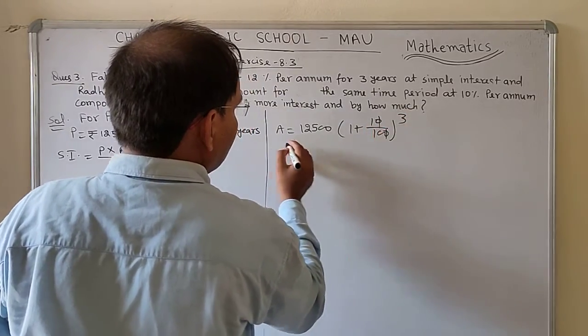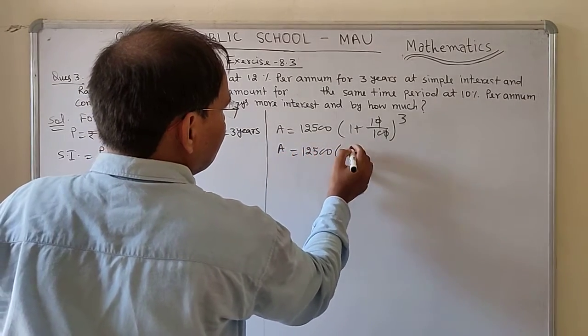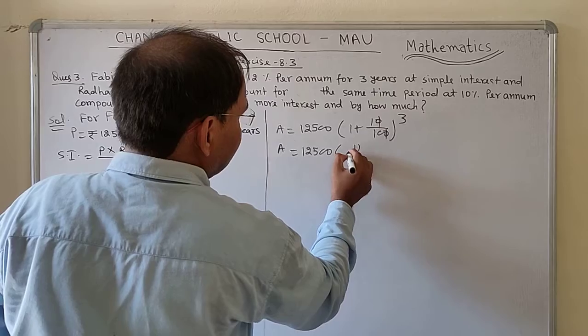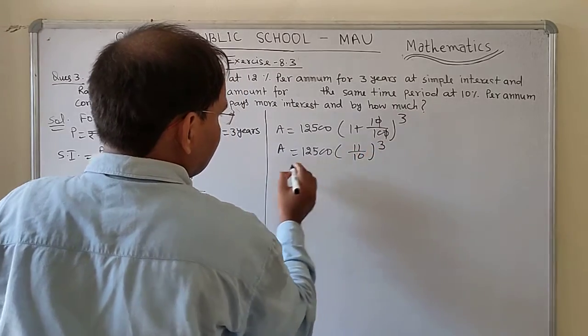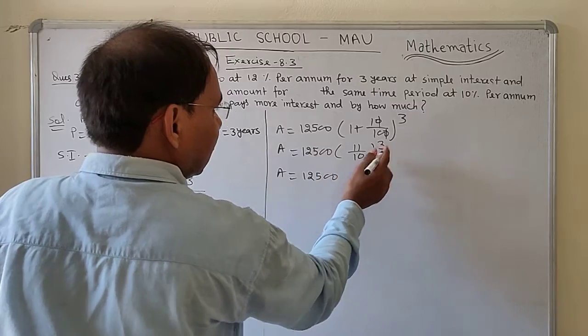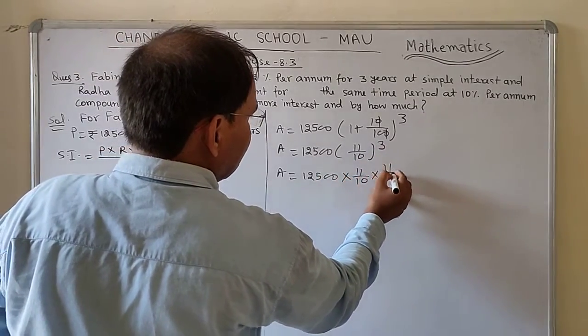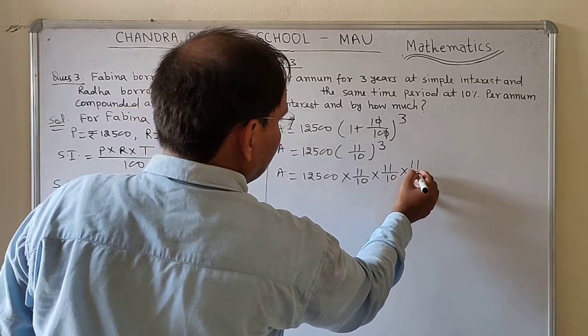Now the zeros will be cancelled. So A equal to 12,500 into 11 upon 10 to the power 3. The power 3 means it will be multiplied 3 times: 11 upon 10 into 11 upon 10 into 11 upon 10.